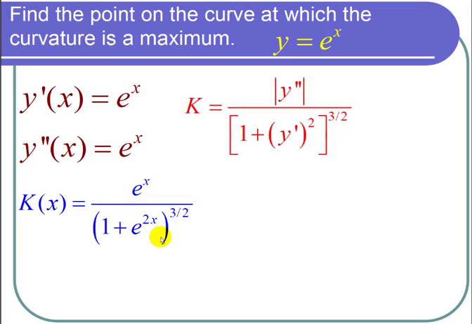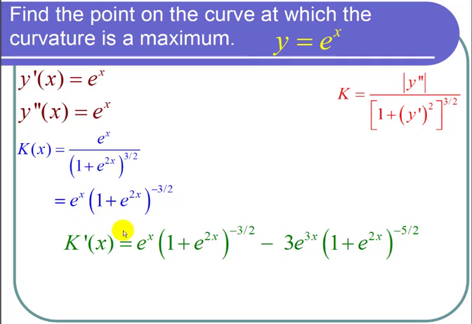To use the product rule instead of the quotient rule, I'm going to move this denominator up as a negative exponent and write this curvature function as e to the x times 1 plus e to the 2x, all to the negative 3/2 power. So now I can find the derivative by taking the product rule.